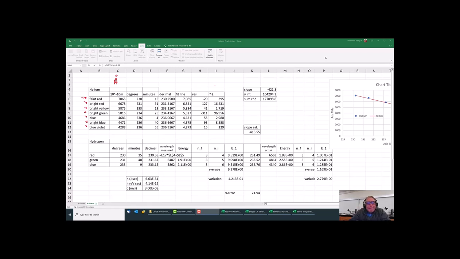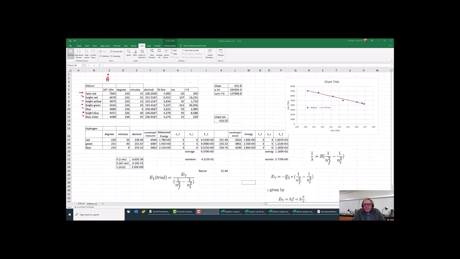I'm back. So we're trying to investigate this equation here on the right, and the idea is that if we figure all this out correctly, then we should be able to figure out what E1 is, which is the energy that it takes to remove an electron from the energy level 1 all the way out for a hydrogen.